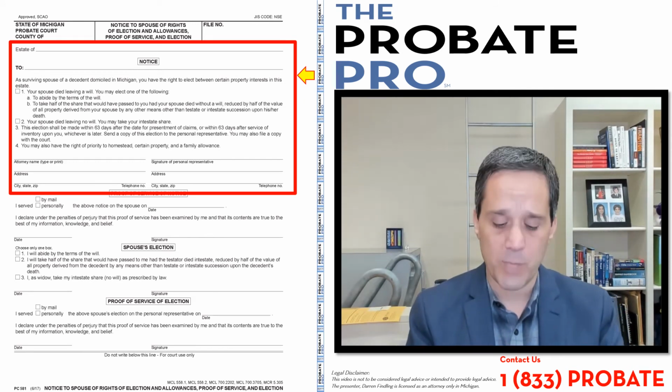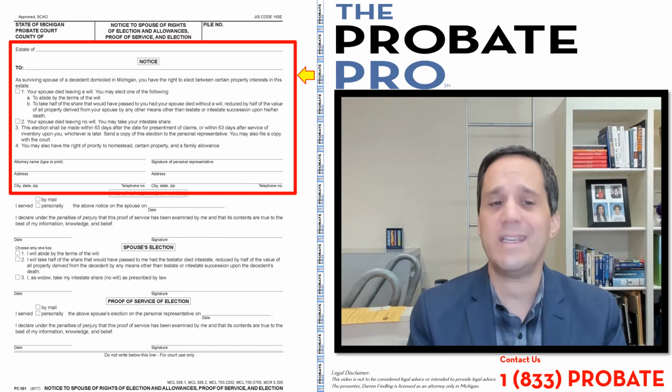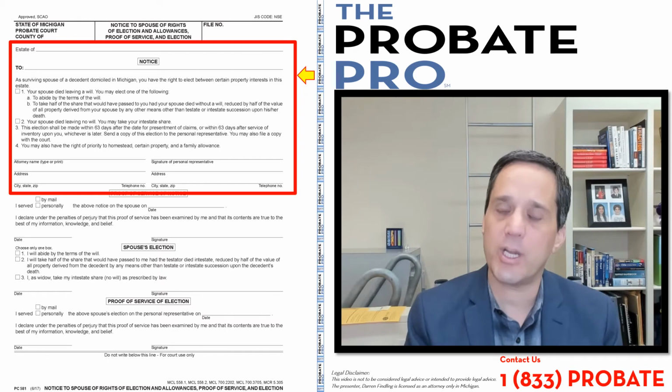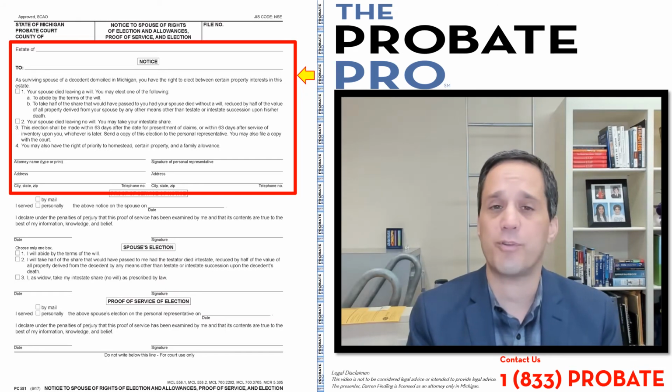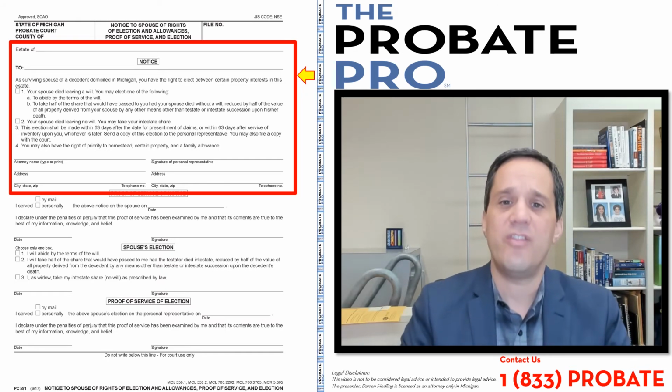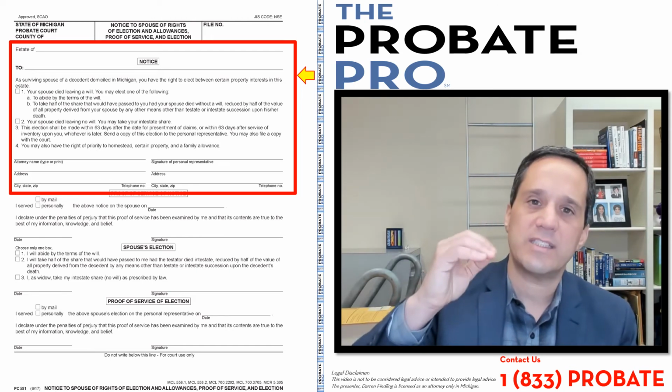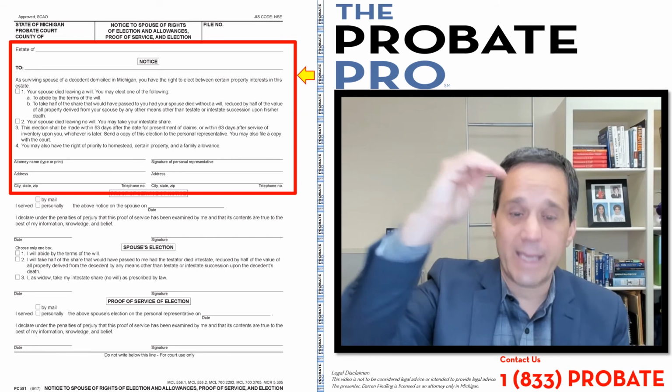So if that notice didn't go out and the spouse just simply sends the election, then the personal representative's responsibilities are satisfied. Under 4, you have the right to priority of what we call the homestead, certain property under the exempt property provision, and the family allowance. These are carve-outs, provisions within Michigan's statute that is, it's like a pecking order.